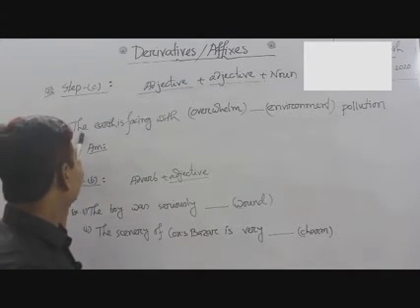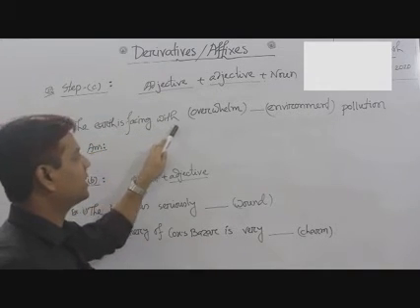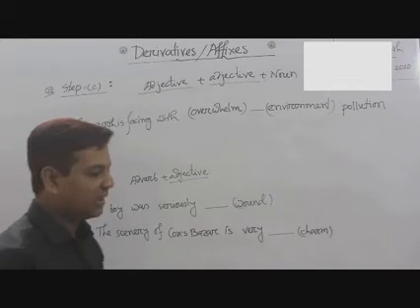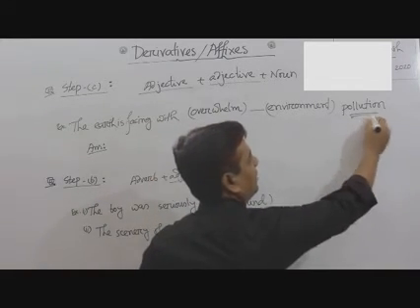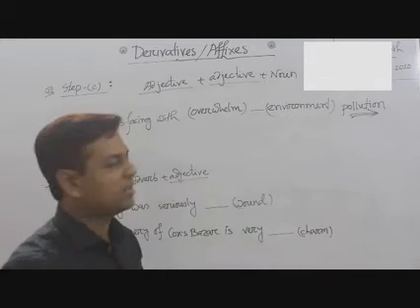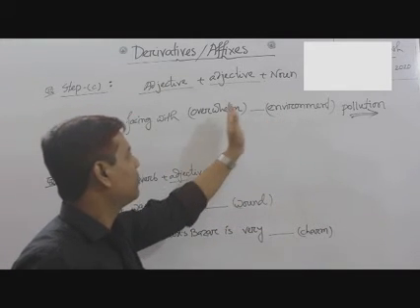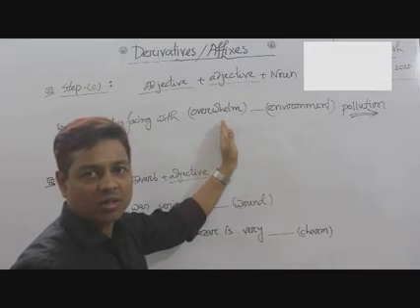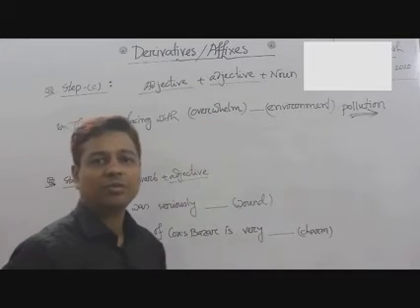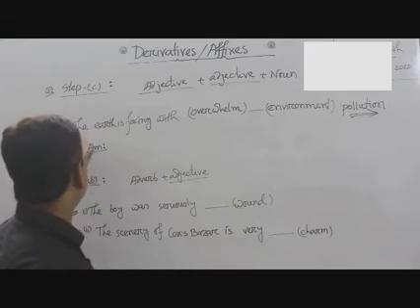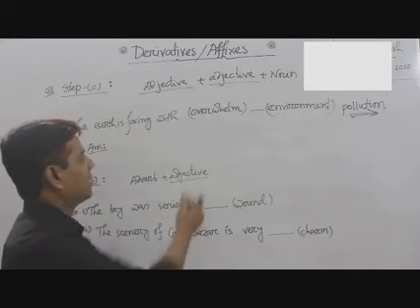Here the example is: the earth is facing with overwhelmed environment pollution. Here the word pollution is a noun, and before noun we have to use adjectives. That means environment should be used as adjective, and again before environment there is another word, and we have to turn this word also to adjective to suit the meaning. The earth is facing with overwhelmed.